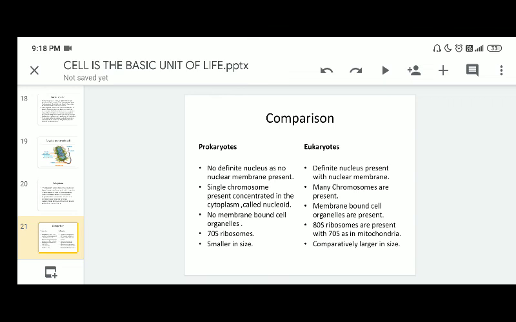Let us have one comparison between prokaryotes and eukaryotes. That means in prokaryote no definite nucleus, in eukaryote there is a definite nucleus. In prokaryotes only a single chromosome is there, and in eukaryotes many chromosomes are present.